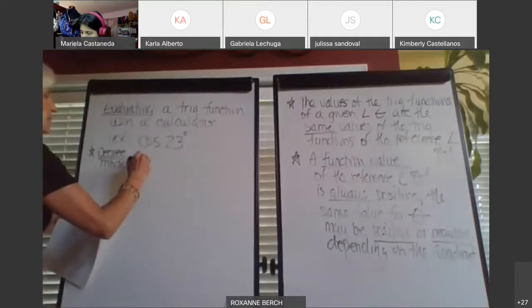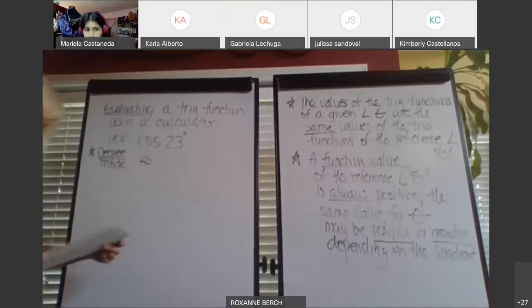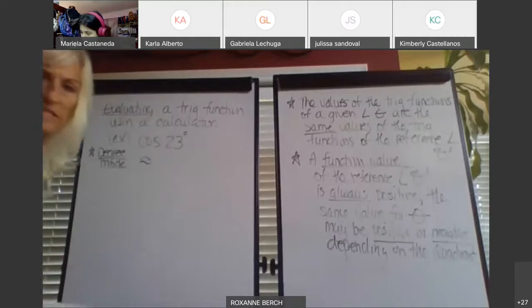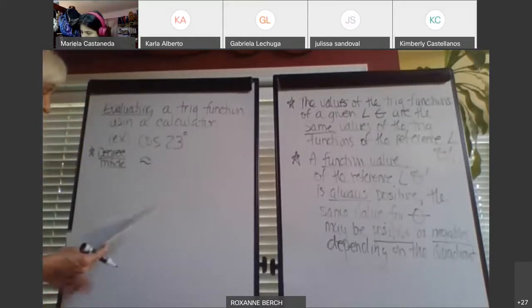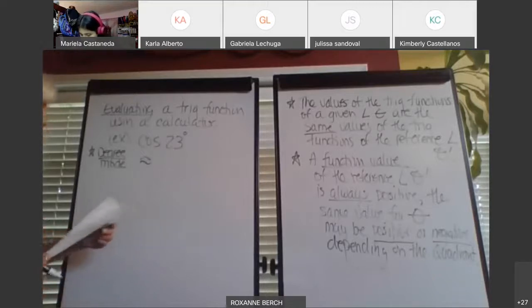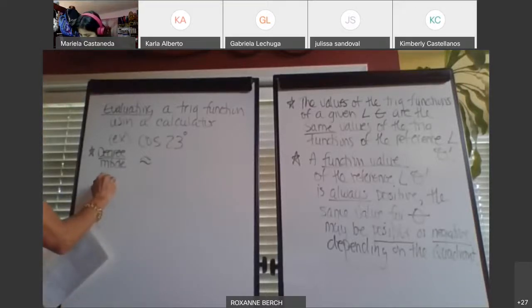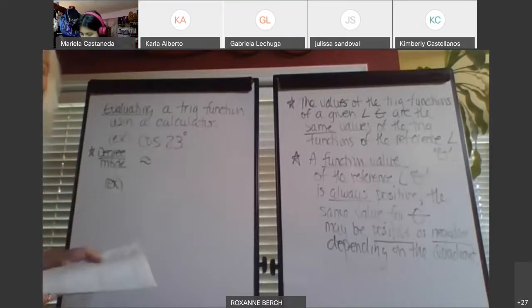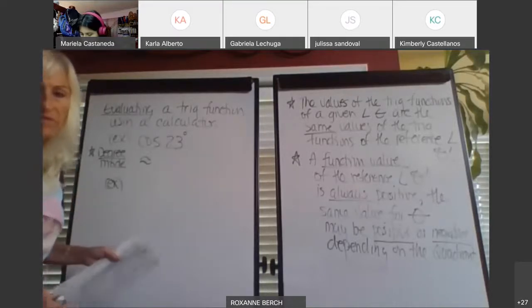All right, so anyhow, if you put this in the calculator, what's the cosine of 23 degrees? Can someone unmute yourself and tell me? I got 50 of you here.